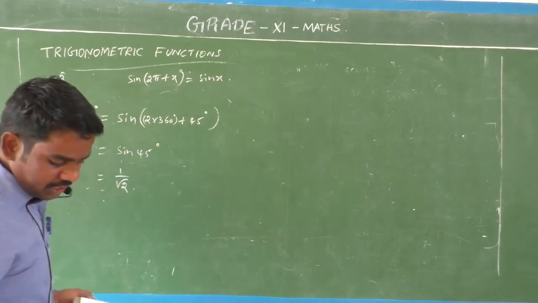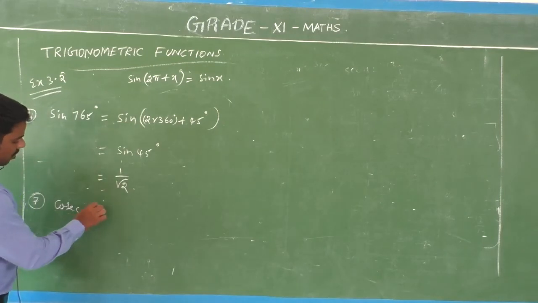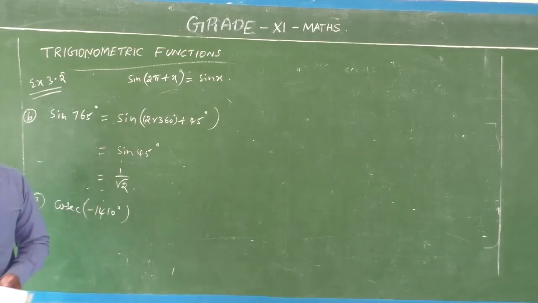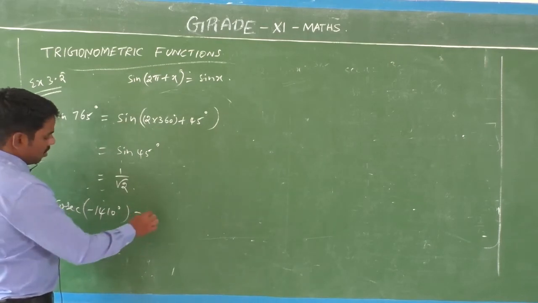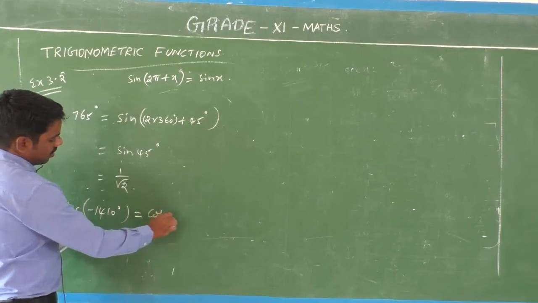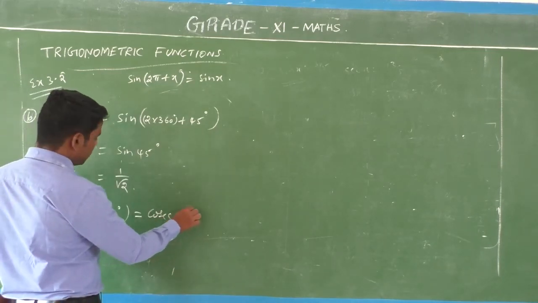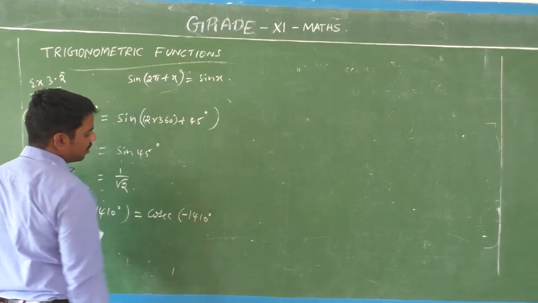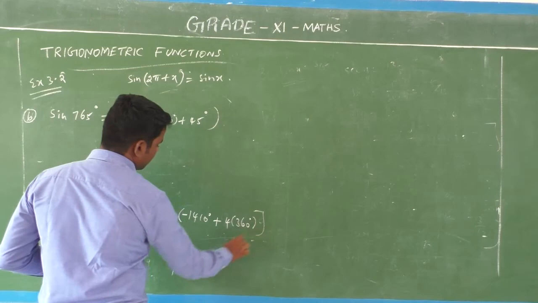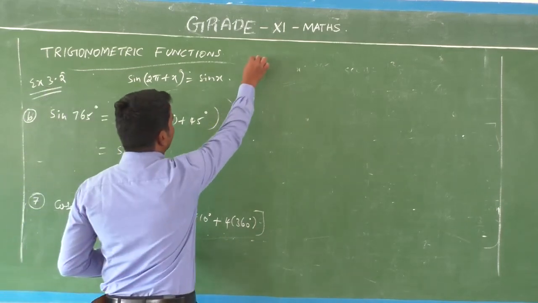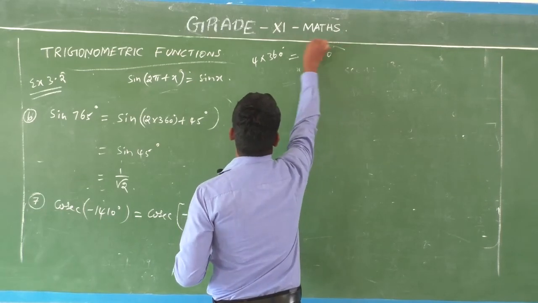Next, seventh question. Cosecant minus 1410 degree. It is written as cosecant of minus 1410 degree plus 4 into 360 degree. 4 into 360 degree value is 1440.